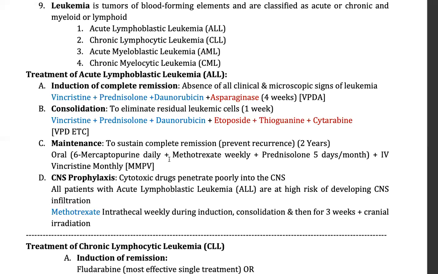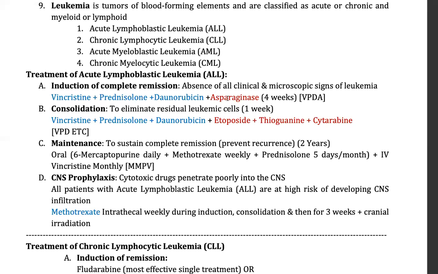Now, what are the drugs for the treatment of ALL, that is acute lymphoblastic leukemia? For the 4 weeks, you should give vincristine, prednisolone, daunorubicin, asparaginase.